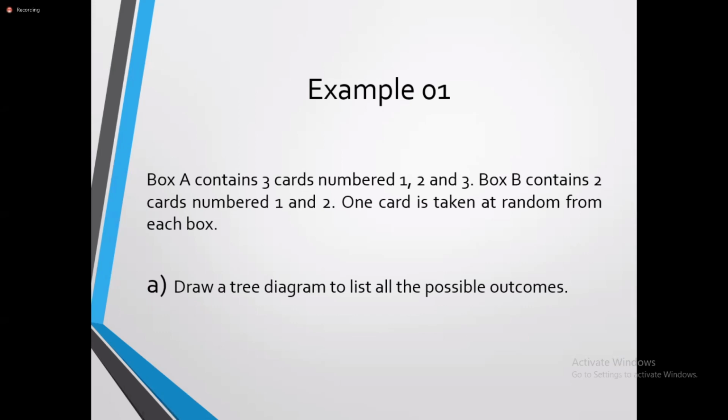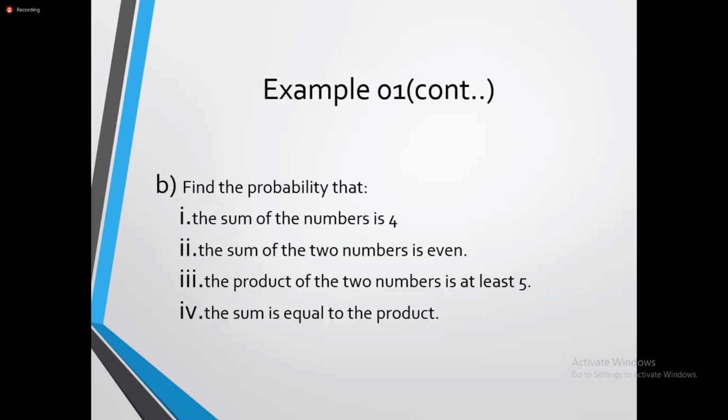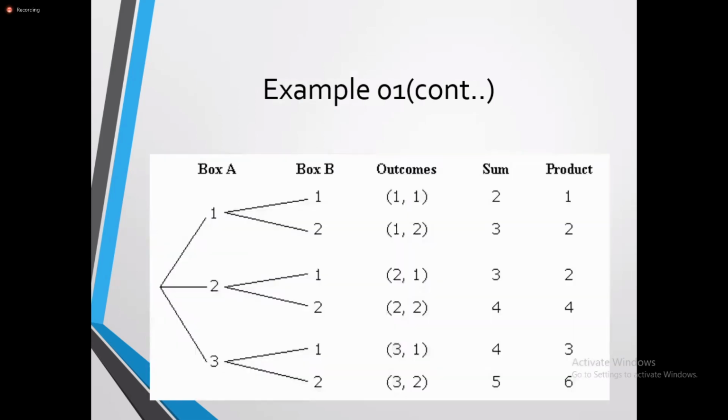Only 1 card is taken at random from each. So when we draw a tree diagram to indicate this probability, we need to consider these boxes separately. Here I am showing you the particular tree diagram for this situation. Now don't look at the right side of the diagram. Only look at the tree diagram.